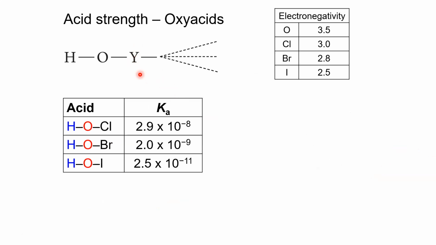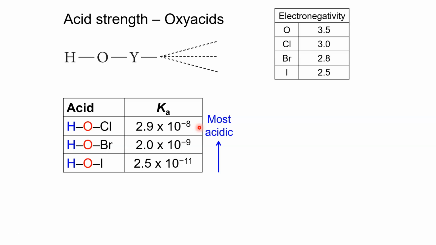Let's take a look at this. What do we notice? A trend in electronegativity. As the compound gets increasingly less electronegative, the Ka value gets smaller. So that means the more electronegative, the stronger the acid.